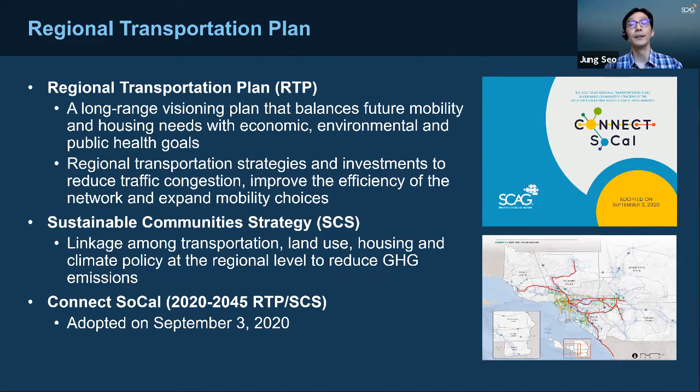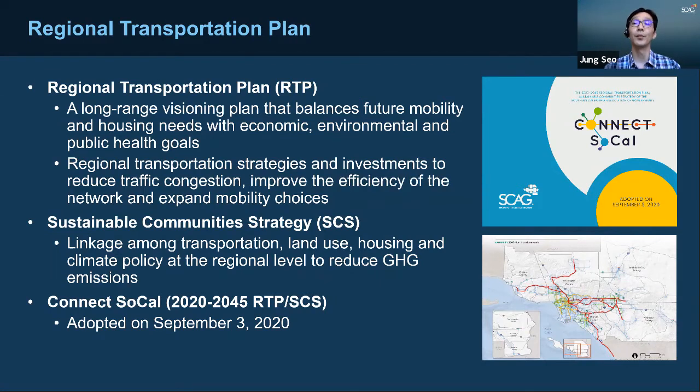The RTP is a long-range visioning plan, and it contains regional transportation strategies and investments to reduce traffic congestion, to improve network efficiency, and to enhance mobility choices. And pursuant to California SB 375, the MPO is also responsible for developing sustainable communities strategies to integrate transportation, land use, housing, and climate policy at the regional level to reduce greenhouse gas emissions.